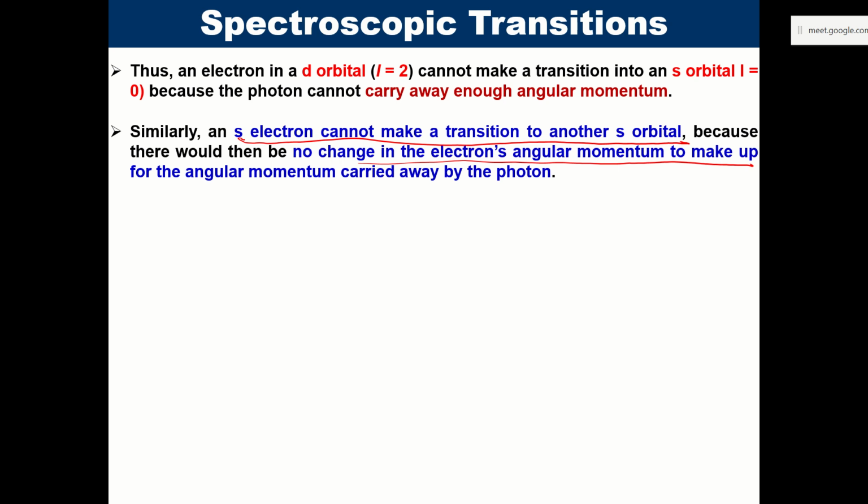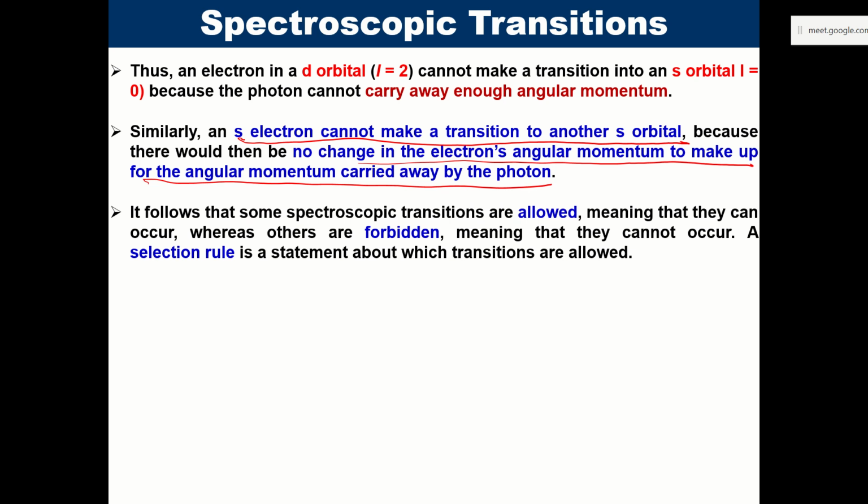Okay, because we are not able to account for this, which we have already discussed, in other words, we say that these transitions are not allowed, they are forbidden. In spectroscopy we say that this will not occur because of the basic nature. It is not following the principle of conservation of momentum.